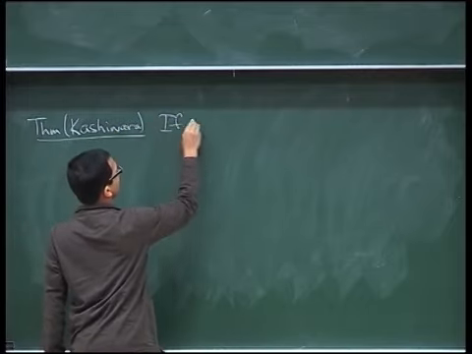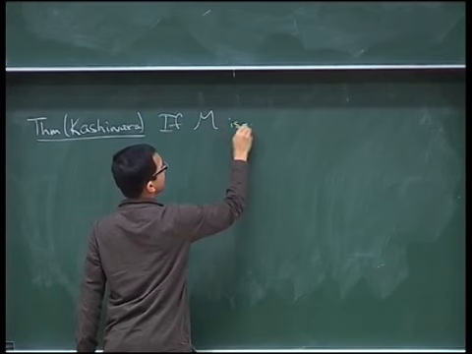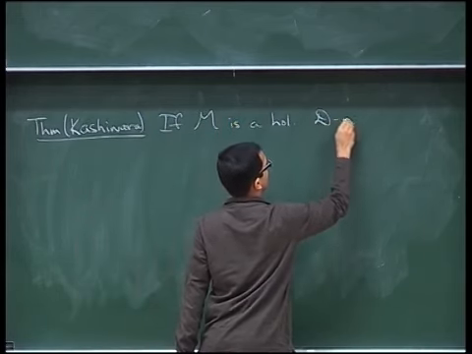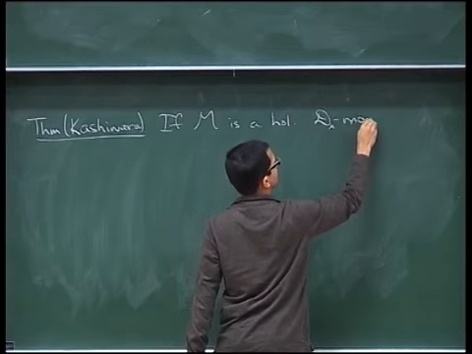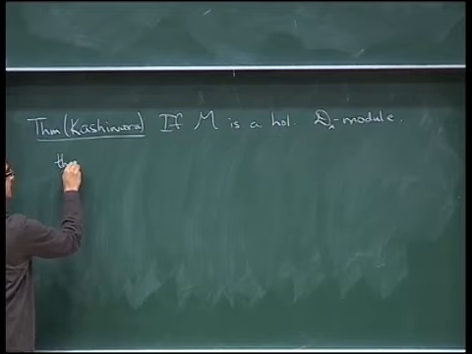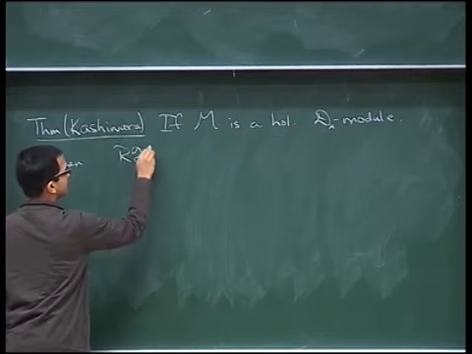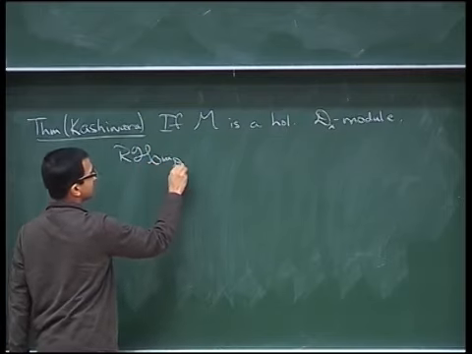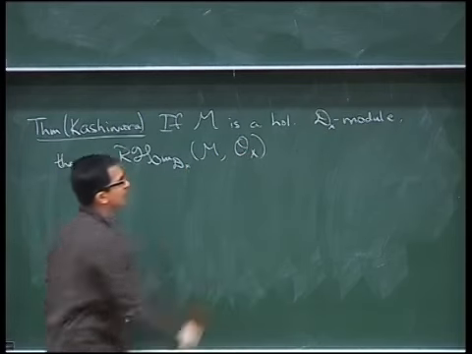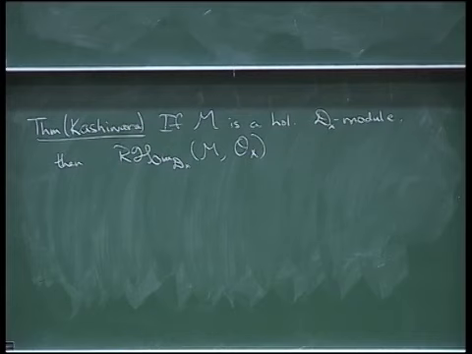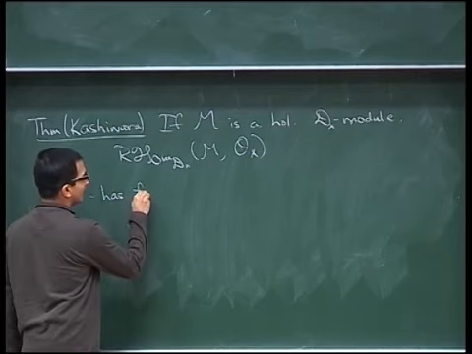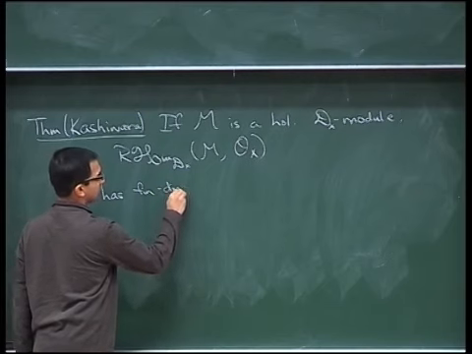So if M is a holonomic D_X module, then the complex of sheaves that you get by plugging M into this functor has finite dimensional stalks, just like we wanted.